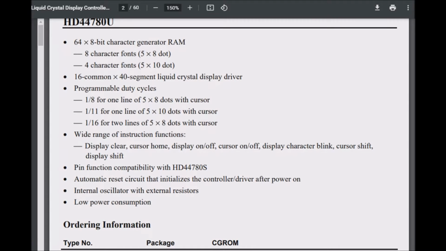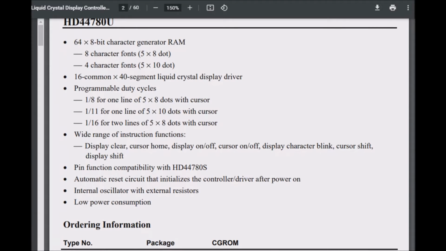16 common by 40 segment liquid crystal display driver, programmable duty cycles: 1/8 for one line of 5x8 dots with cursor, 1/11 for one line of 5x10 dots with cursor, 1/16 for two lines of 5x8 dots with cursor.